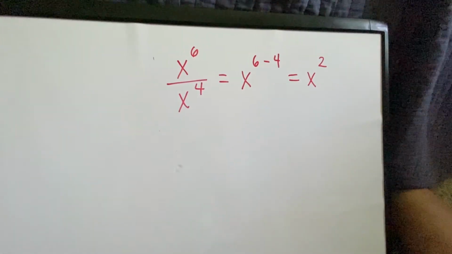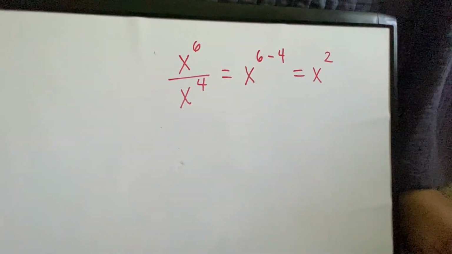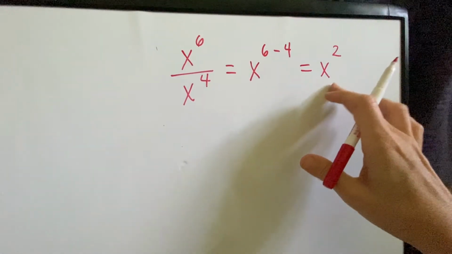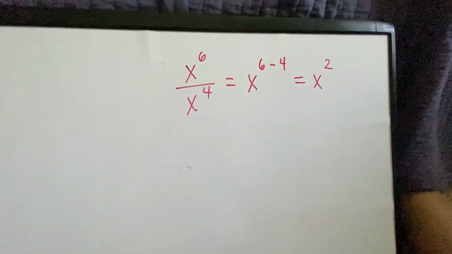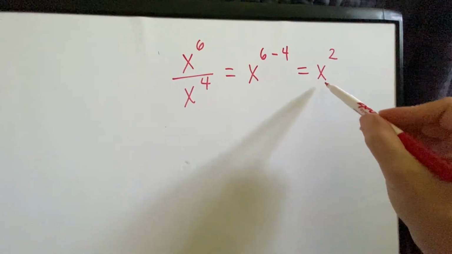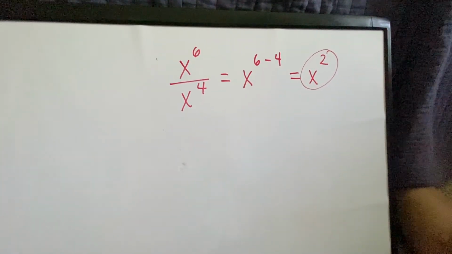Okay, now sometimes they will ask you to write your exponents in the numerator, which is what we have here, or they'll say, actually, could you write the answer with the exponents in the denominator? Well, how do we take x squared and put it in the denominator?